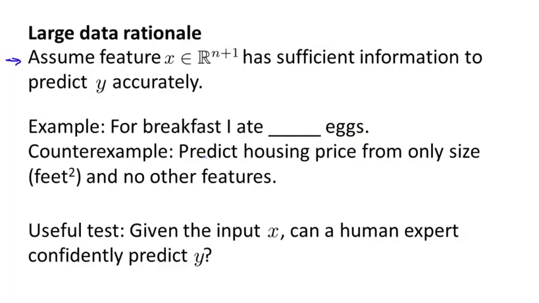For example, if we take the confusable words problem that we had on the previous slide, let's say that the features X capture the surrounding words around the blank that we're trying to fill in. So the features capture that we have a sentence: for breakfast, I ate blank eggs. Then that's pretty much enough information to tell me that the word I want in the middle is TWO, and that is not the word TO, and is not the word TOO.